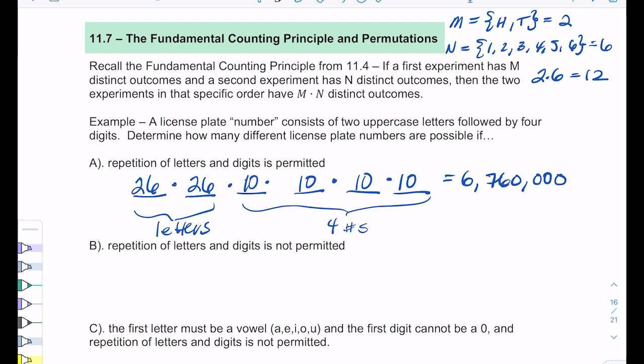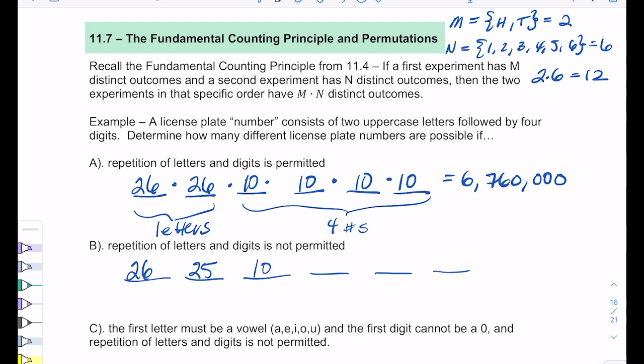Now, what happens if you can't repeat letters and digits? Again, we'll start out with our 2 letters and our 4 numbers. This time when I start out with the letters, I've got 26 to choose from, but you can't repeat. So whatever letter you chose, now there's 1 less, so I only have 25 to choose from. The same is going to work for the numbers.